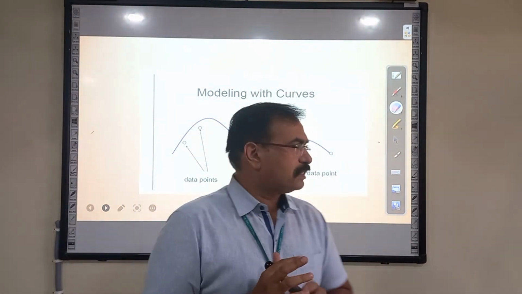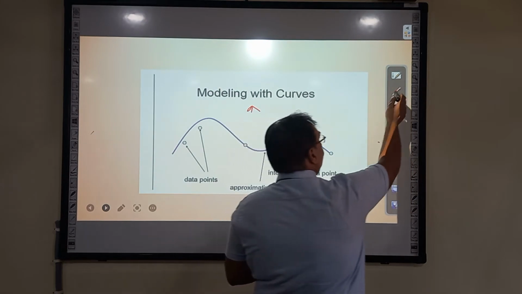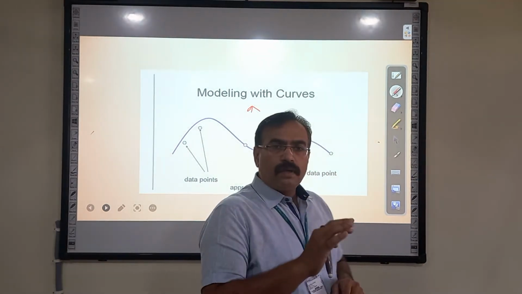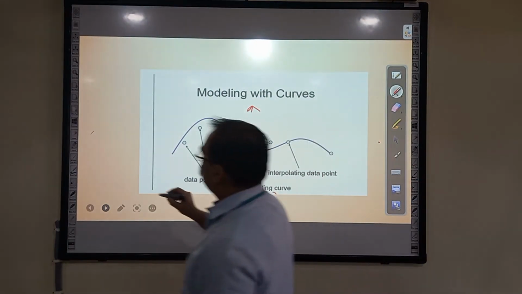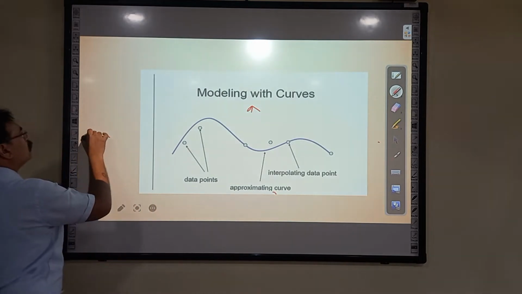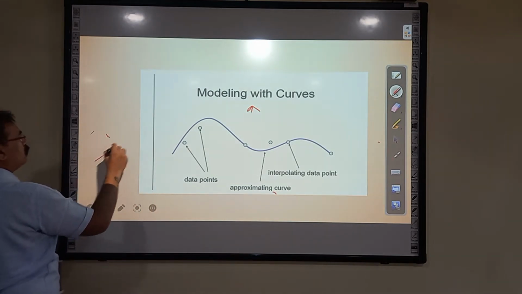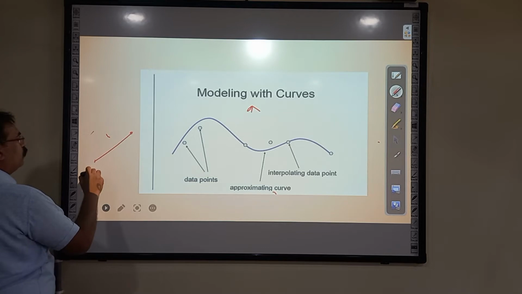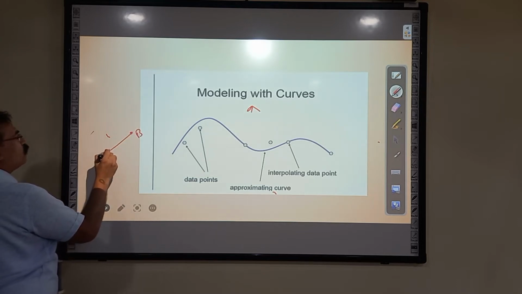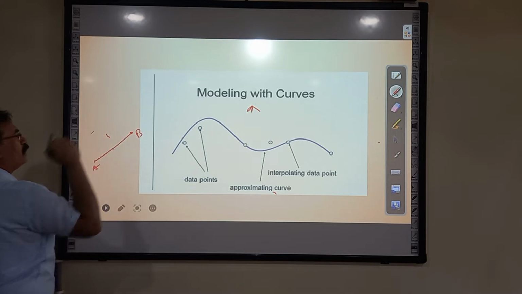That's our understanding of a line. So ultimately, what is a curve? If this is a line, from A to B, I will start with A, end with B, and go on drawing one point at a time and generate a line.